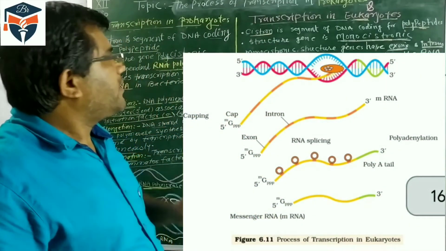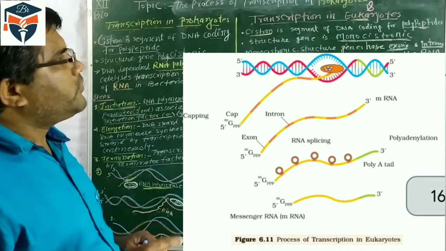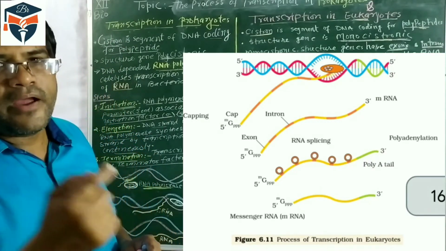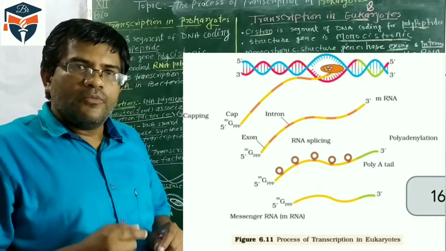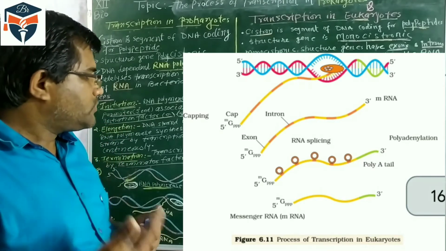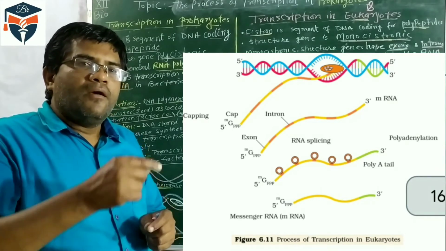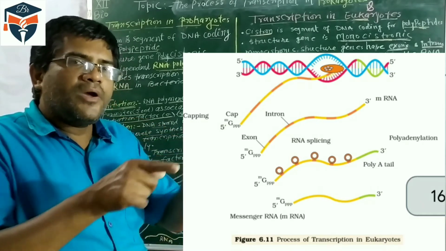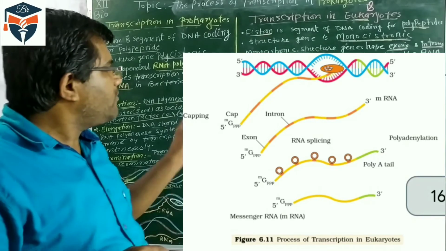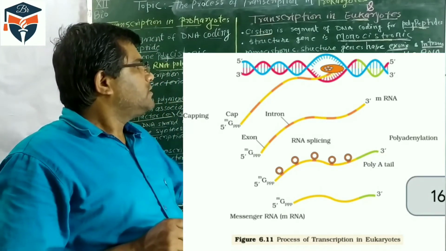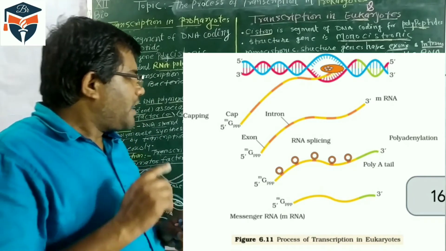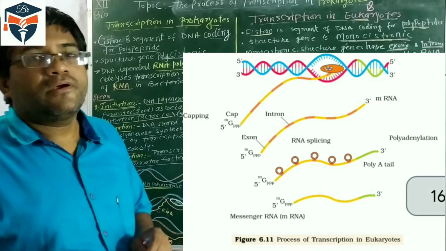In this diagram you can see eukaryotes. In eukaryotic DNA, RNA polymerase combines with the promoter site. When it combines, the process of transcription begins. Then RNA polymerase moves along the DNA molecule and synthesizes the RNA molecule. In this process, 3 RNA polymerases are used. The RNA molecule formed is called the precursor of mRNA.